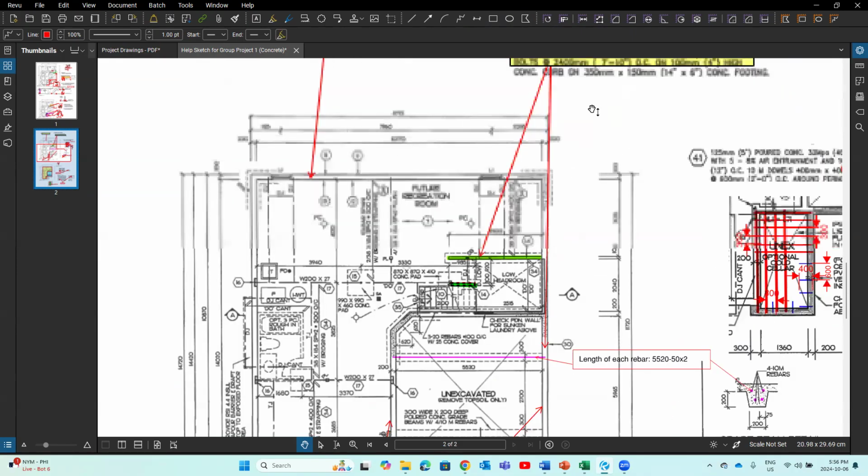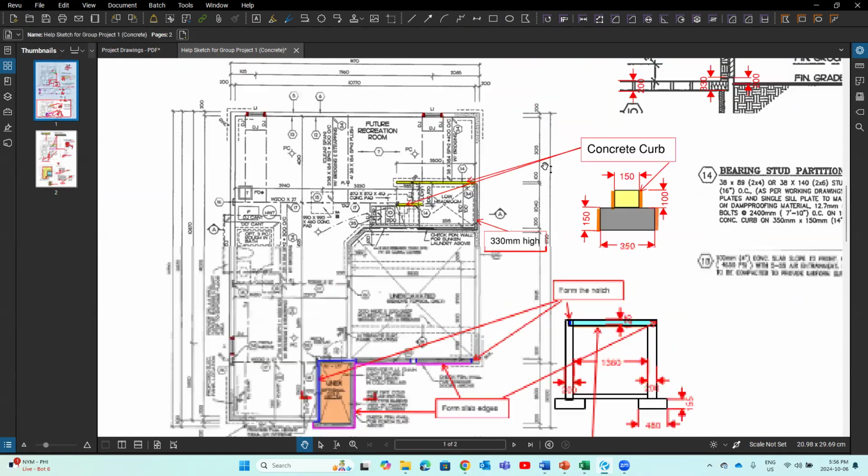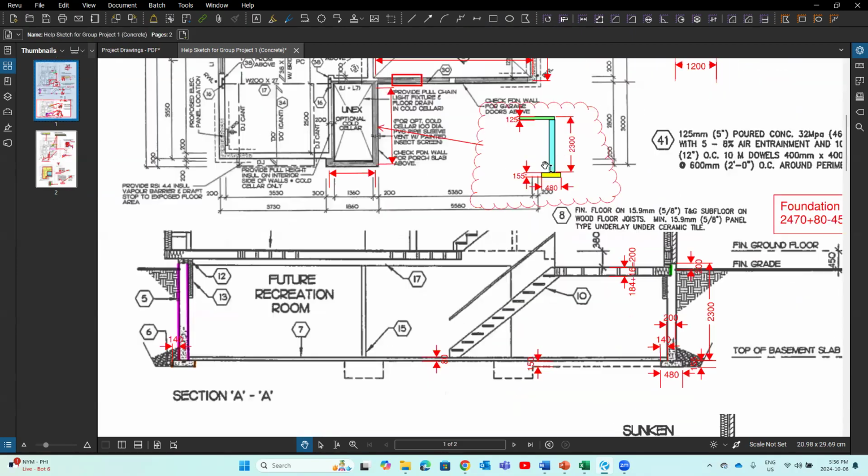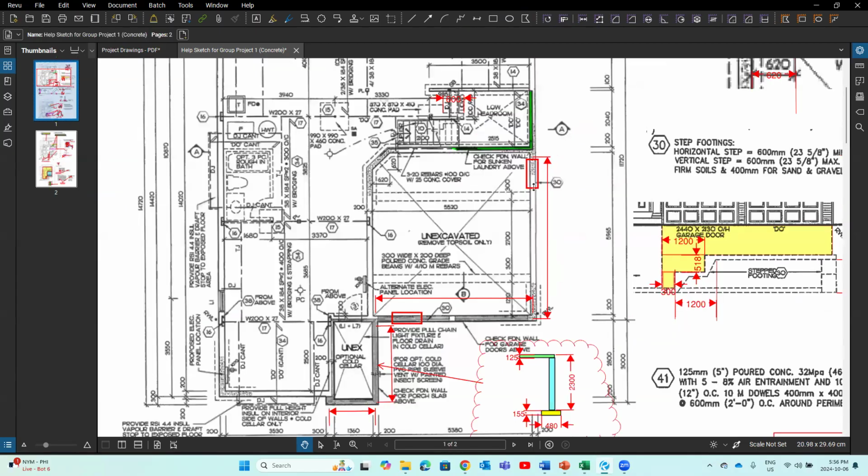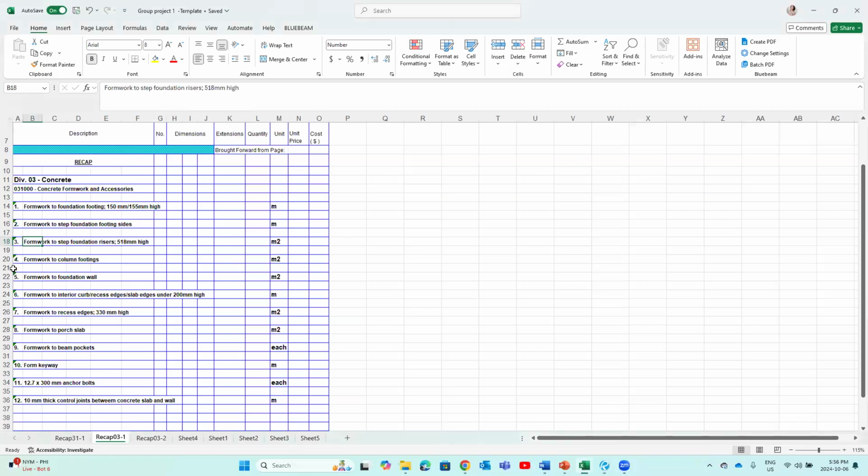We have 2 step footings here, so that means we have 4 pieces for both sides. Add the 4 pieces together, and that will give you the total area for the step foundation riser.